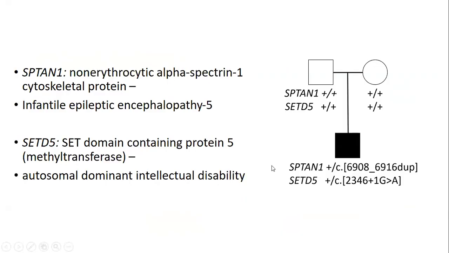And then when we did sequencing, we actually found two different de novo variants, one in this gene SPTAN1 and the other in SETD5. The child had a duplication of, I guess, 8 bases in SPTAN1, and then a splicing mutation in SETD5. Both parents, who were proved to be the biological parents, did not have either of these variants, so they were two new mutations.